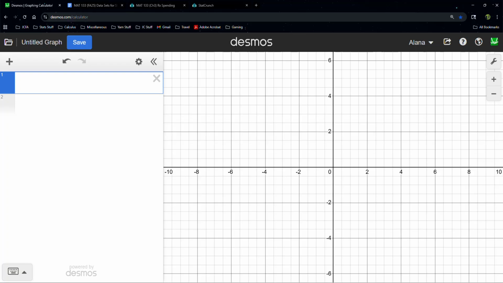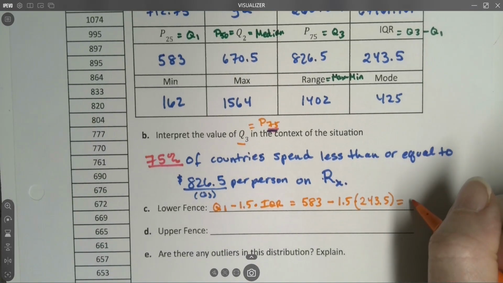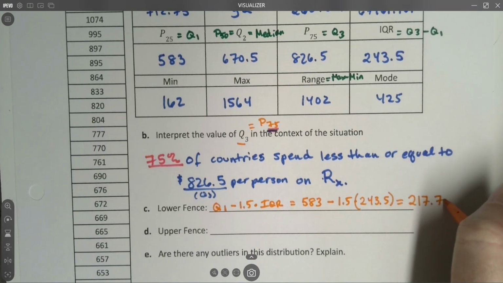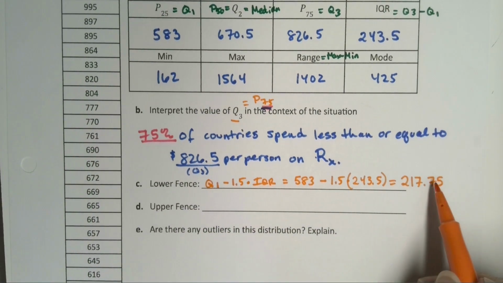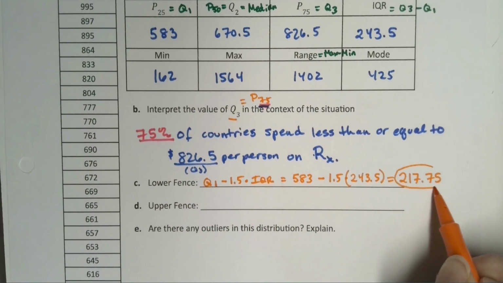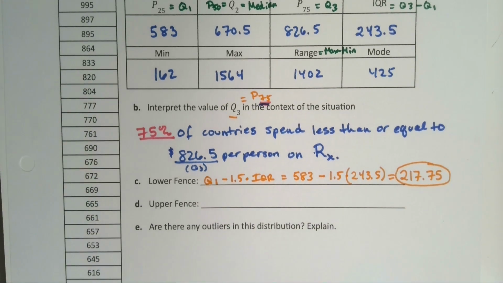So you want to type it, 583, that's the Q1, minus 1.5 times the 243.5. That is your lower fence. So it is 217.75. If you're interested, it would actually have the same unit as your data set. It'd be dollars per person, but we don't really care right now.